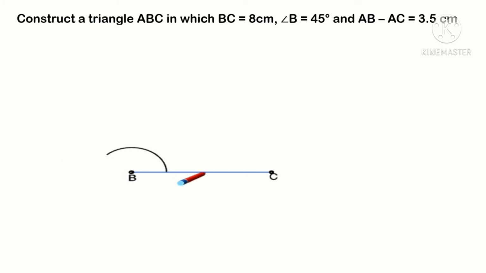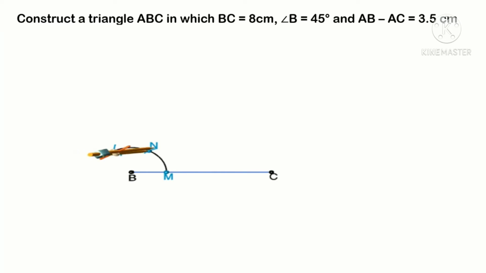With the same radius, I'm just naming this point for my convenience, otherwise no need to name the point. With the same radius, we'll draw another arc. You know this arc gives us an angle of 60 degrees. I'm again naming this point, which is optional. Now with the same radius, we are drawing another arc. This arc gives us an angle of 120 degrees.